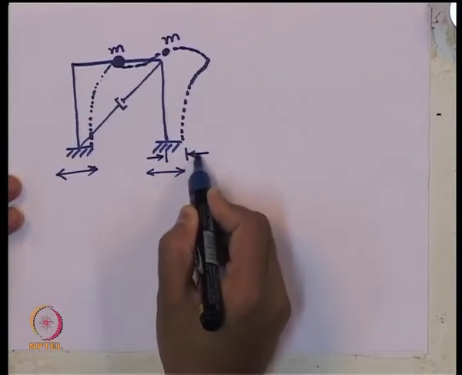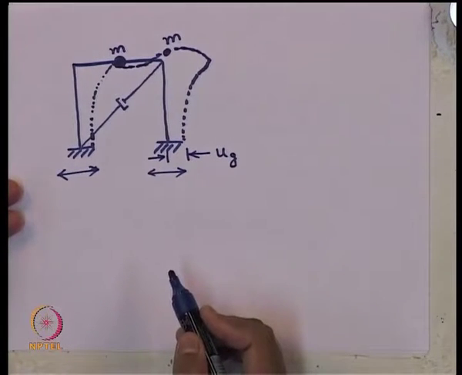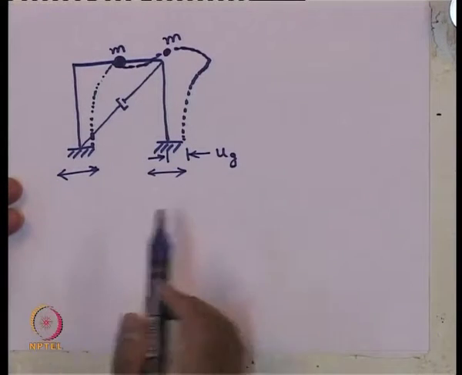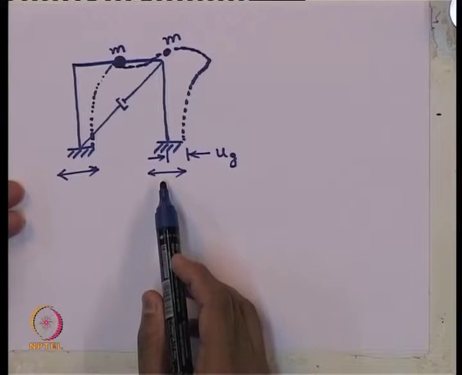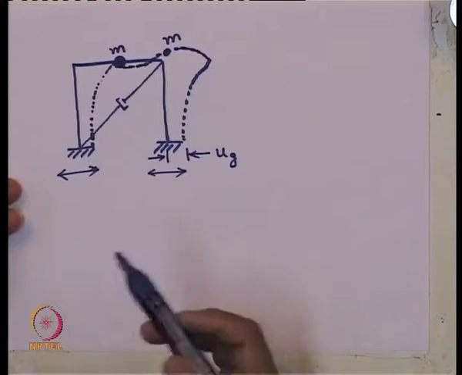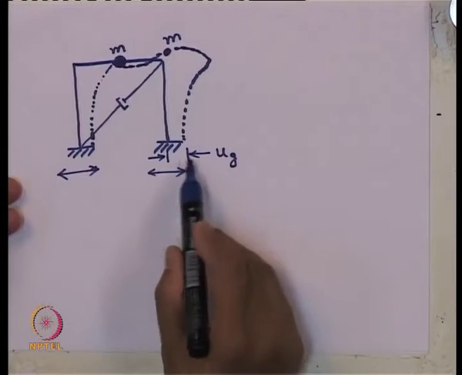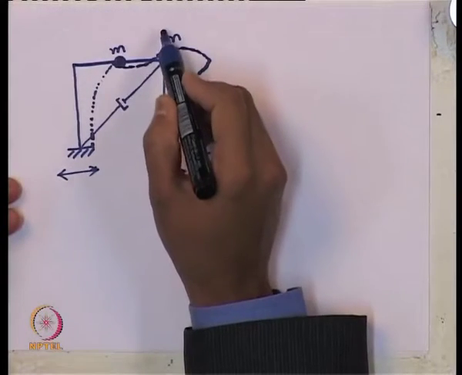Let us denote that displacement as u g, the displacement at the ground level because of the earthquake shaking. It comes from the earthquake acceleration, which if you integrate twice, you will get the displacement. So, that displacement at ground level is u g.